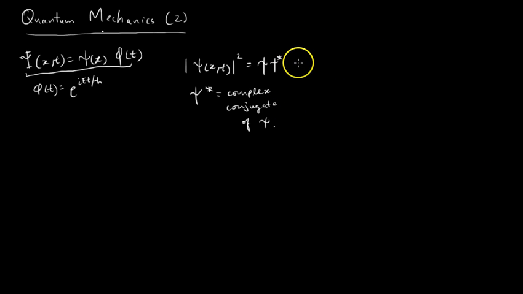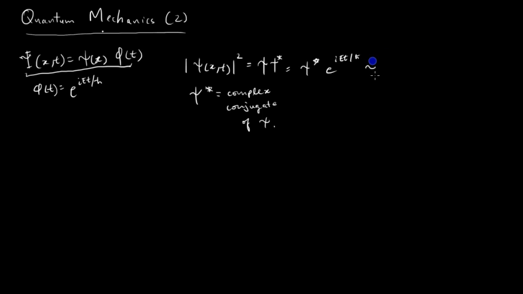And if we take this mod squared, also known as the probability density, we get psi star, that's this term right here, and then we said that we can represent psi as psi of x and phi of t, but we don't know psi of x, right? So this is just psi of x over here, starred, and then we have this phi of t, which we know is e to the i E t over h bar, correct?